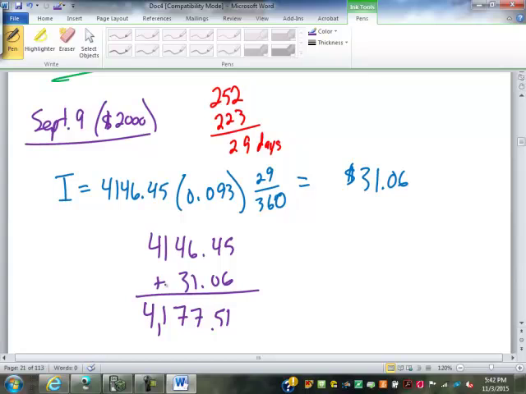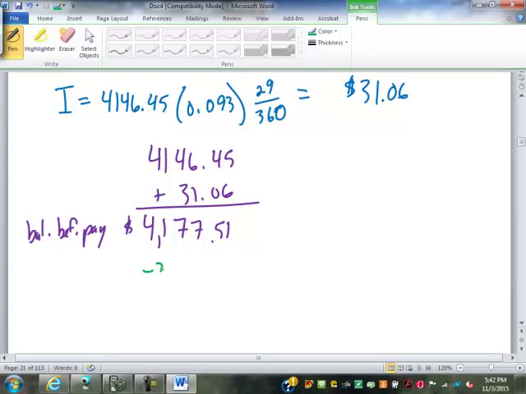So $4,177.51 is the balance before the payment. We're going to subtract the payment of $2,000. $2,177.51 is the balance after the payment.